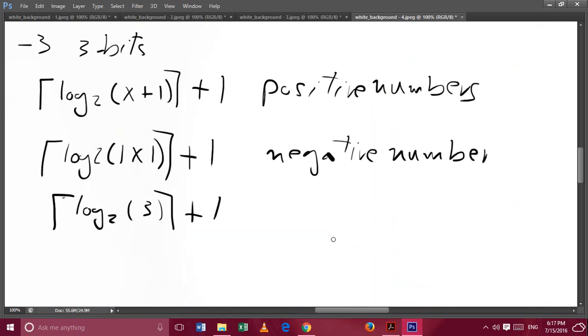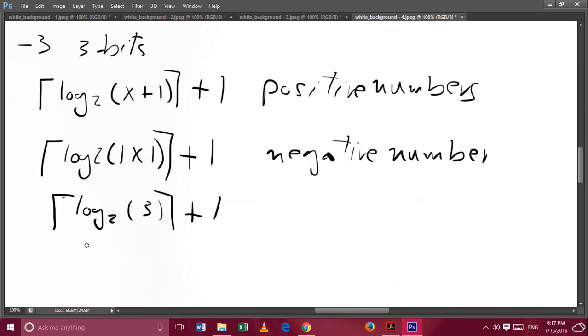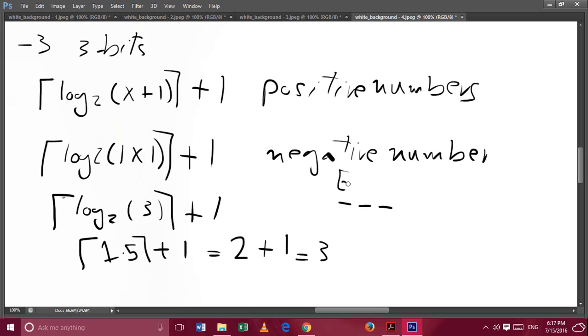So the ceiling of this 1.5, so the ceiling of 1.5 plus 1, so this would equal 2 because the ceiling of this number 1.5 is 2, so 2 plus 1, that would equal 3, meaning we need a 3 bits excess notation, at least 3 bits excess notation to represent the number -3, right?